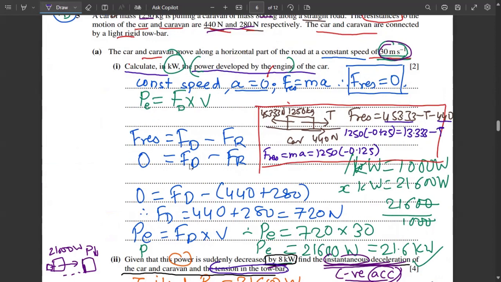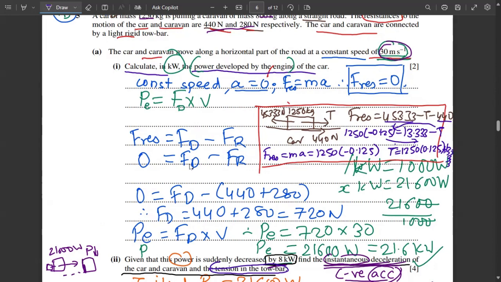minus T. Therefore, if I put T here and this here, T is equal to 1250 into 0.125. Notice that if this goes there, the minus sign will be removed because going to the other side, negative will become positive, plus 13.333.